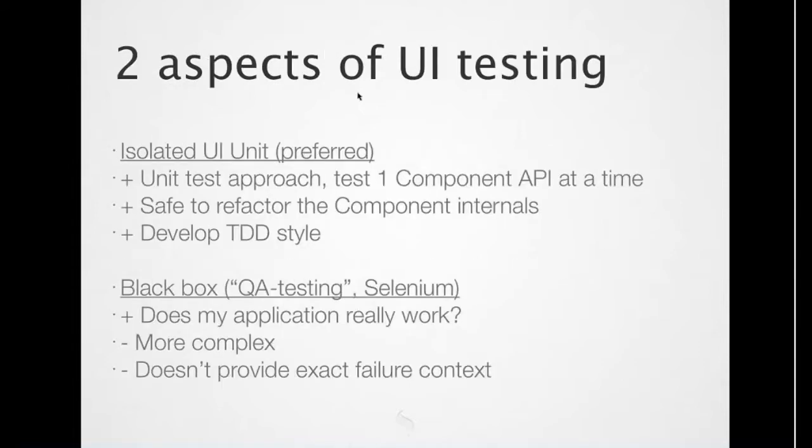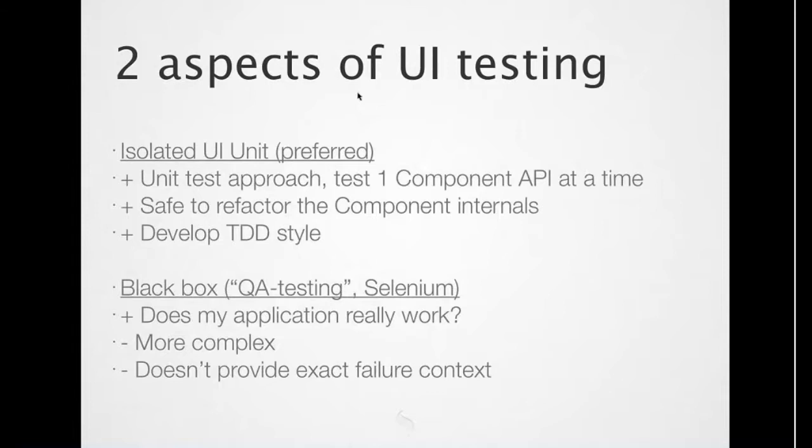So there are typically two aspects of UI testing, the way we see it. You can split it into isolated UI unit tests, which is what we prefer at Bryntum, and you can also look at it from the viewpoint of a black box test, which is also sometimes called QA testing or Selenium type testing.